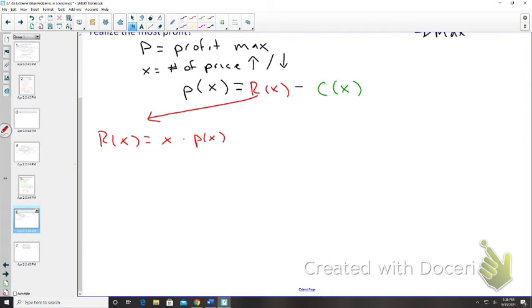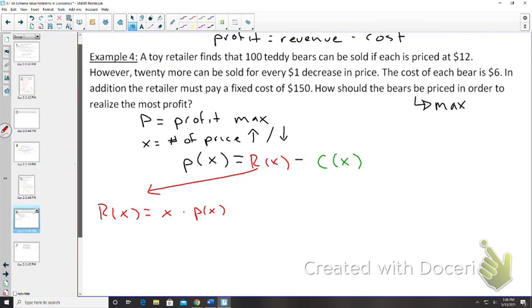The number of units sold: it can sell 100 teddy bears and it can also sell 20 more if we decrease the price.